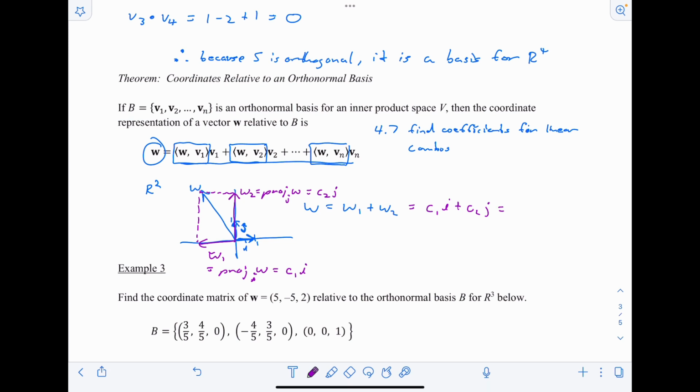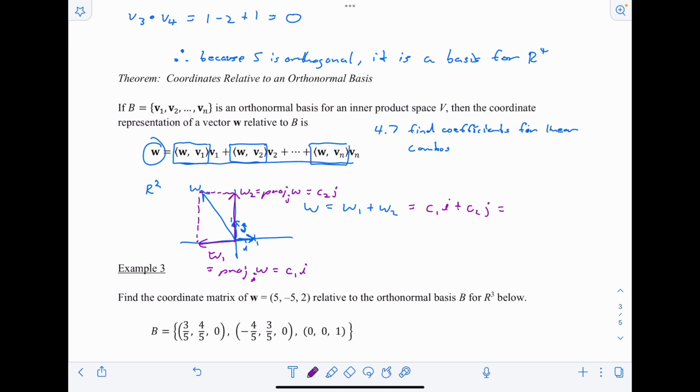This formula is basically saying that the inner product of W and V1, the inner product of W and V2, the inner product of W and Vn are giving us those constants or those scalars. Remember, an inner product is always a scalar, and then V1, V2, and so on just represent, in this case, what I'm using as I and J for this example.